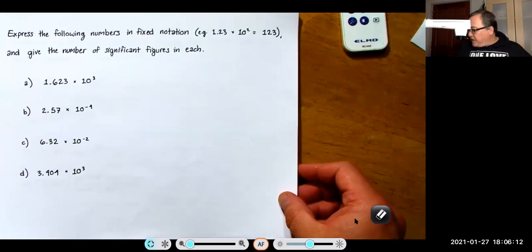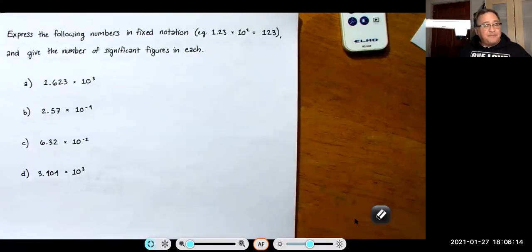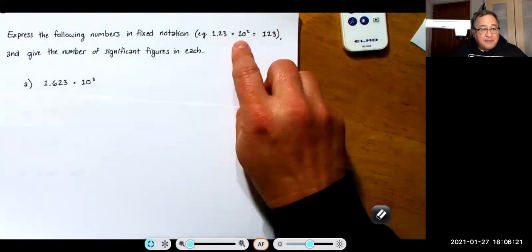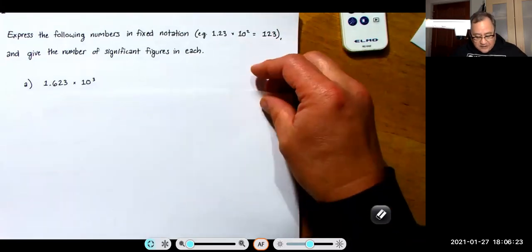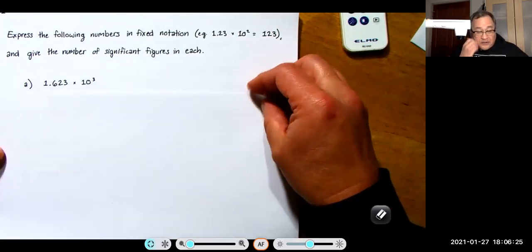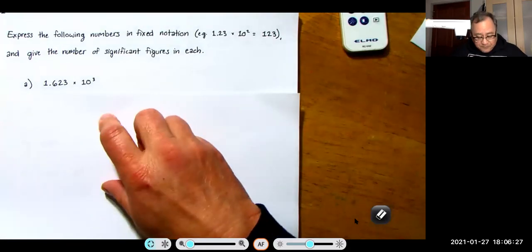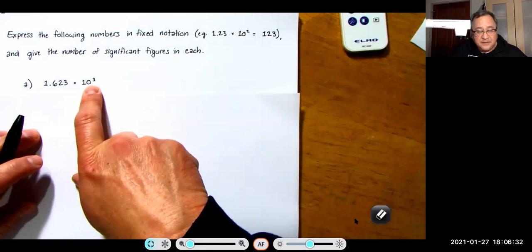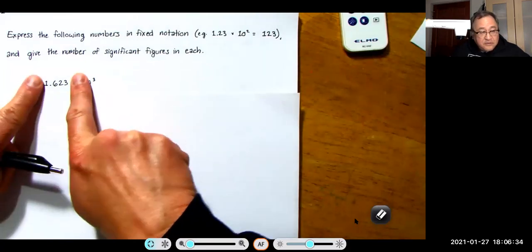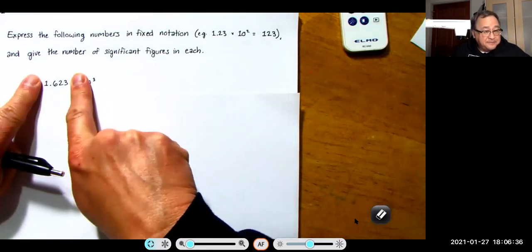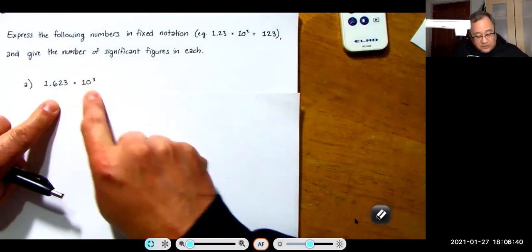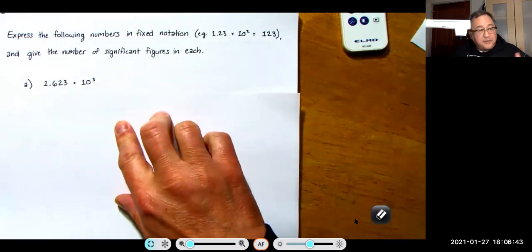Express the following numbers in fixed notation. So you can see that fixed notation means no 10 to some power. I'm going to explain how I go about doing this, and it's pretty simple. You look at the power. If the power is positive, you take the number part and make it bigger. When you make that bigger, you're incorporating the 10 to the third. So how much bigger do I make it?